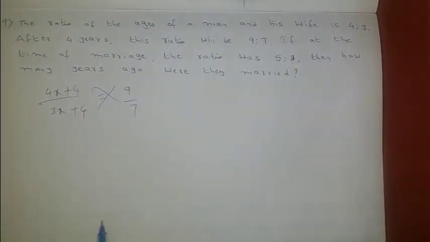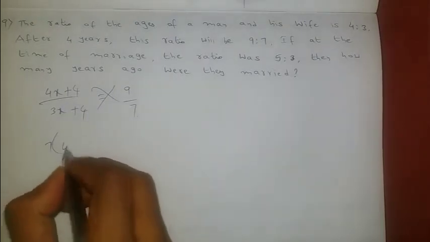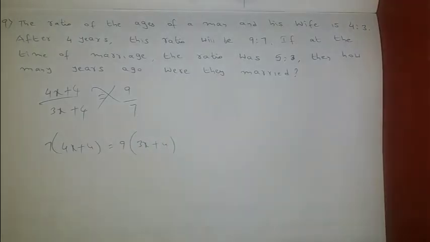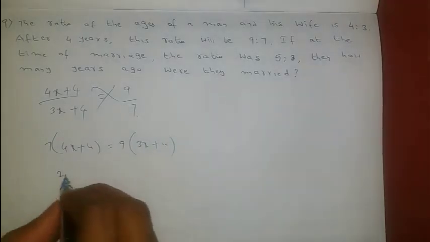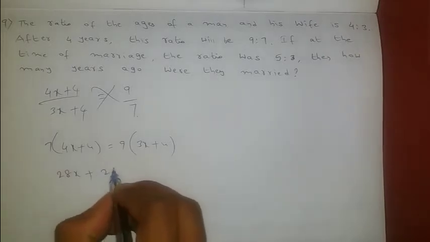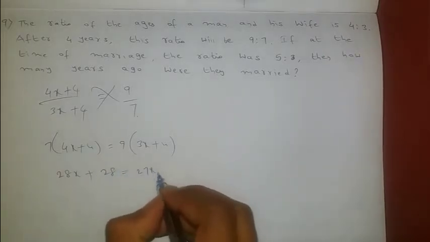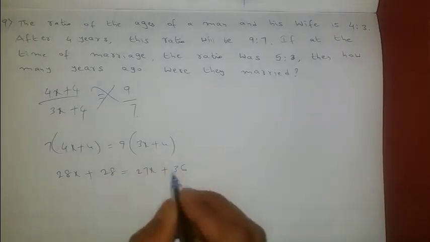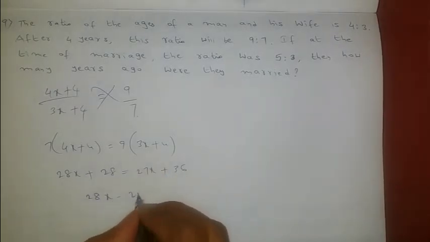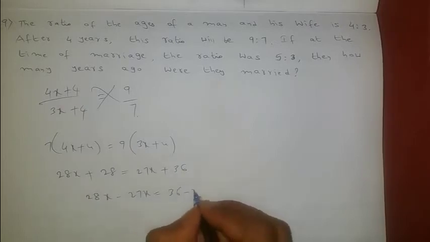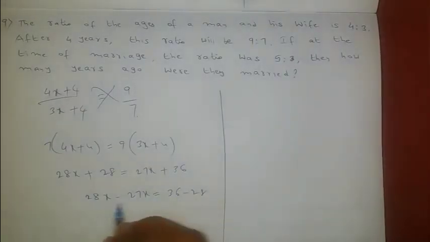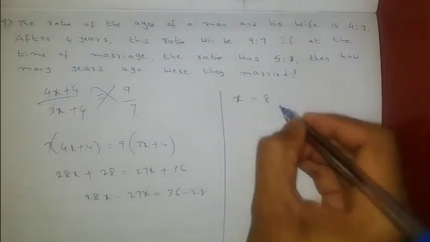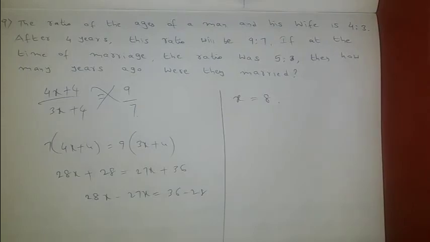If we do cross multiplication, 7 into 4x plus 4 is equals to 9 into 3x plus 4. 7 into 4x, 28x plus 7 4s are 28. 9 3s are 27x plus 9 4s are 36. I will bring this 27x this side, 28 that side. So we will get 28x minus 27x is equals to 36 minus 28. 28x minus 27x, x is equals to 36 minus 28, 8. So x value is 8.